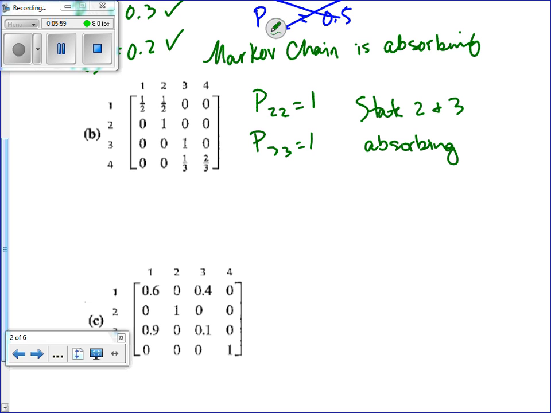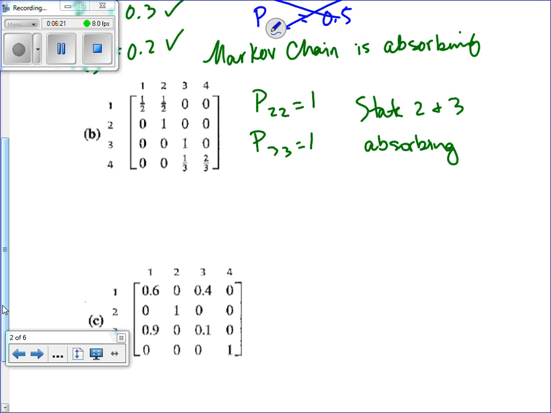Then I need to decide, do I have non-absorbing states going into an absorbing state? My non-absorbing states are 1 and 4.